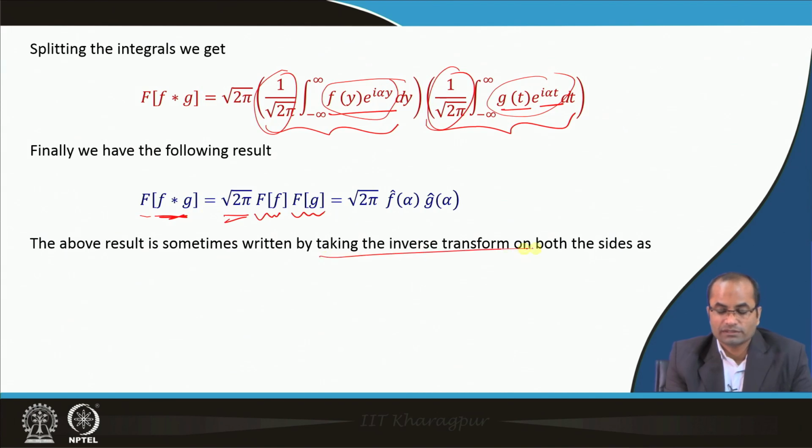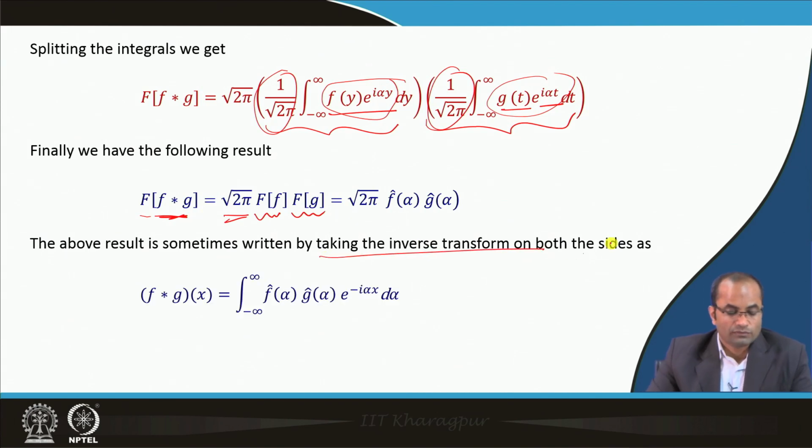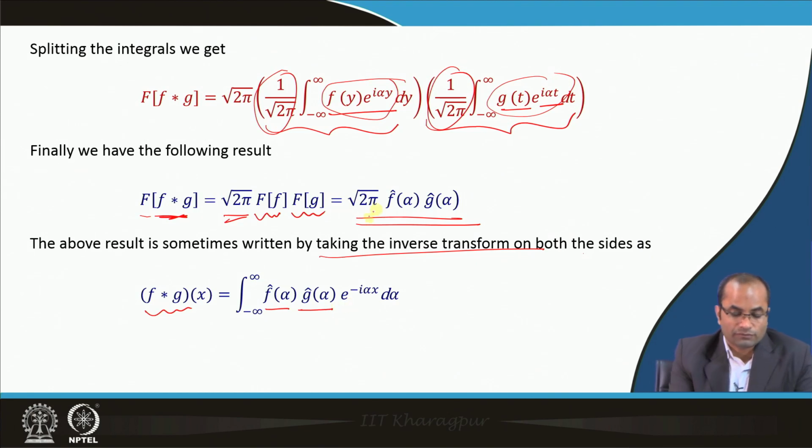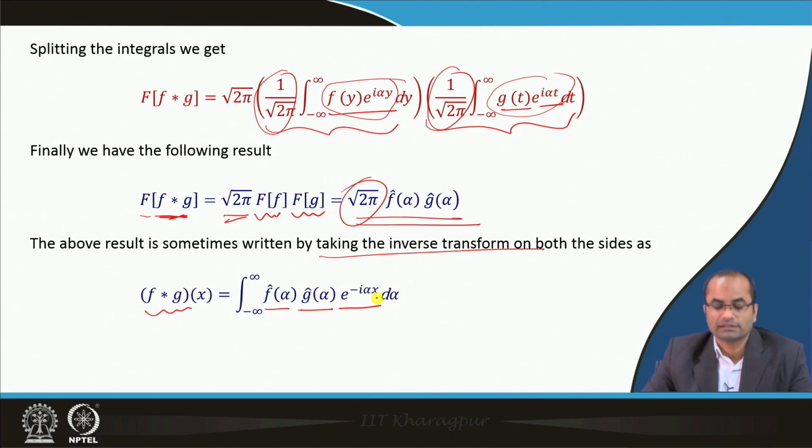Sometimes this is very useful, and we will realize in many applications that if we take the inverse on both sides, we have the convolution product f star g, and then we take the inverse. So, the inverse of f hat and g hat, and the 1 over square root 2 pi cancels out. We have e power minus i alpha x, the definition of the Fourier inverse transform.